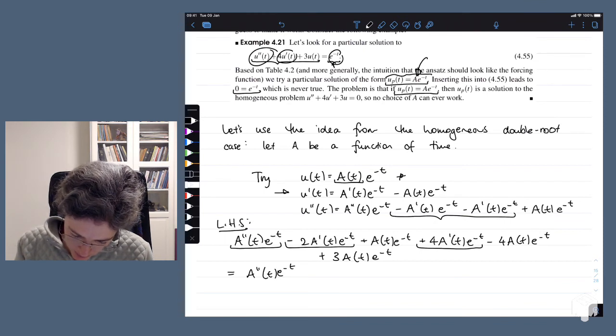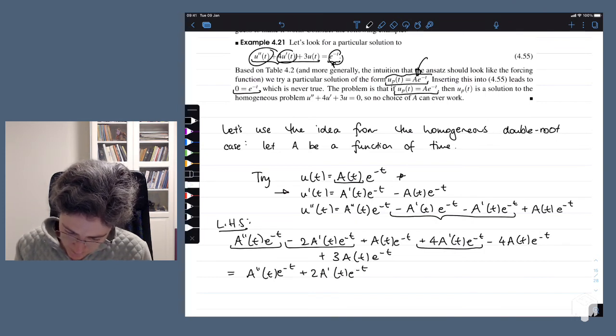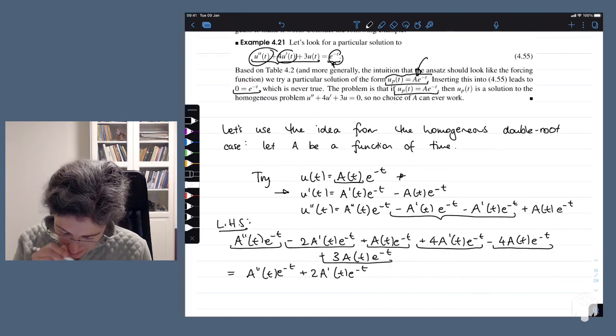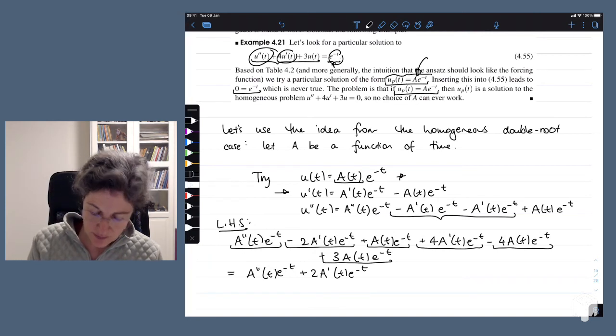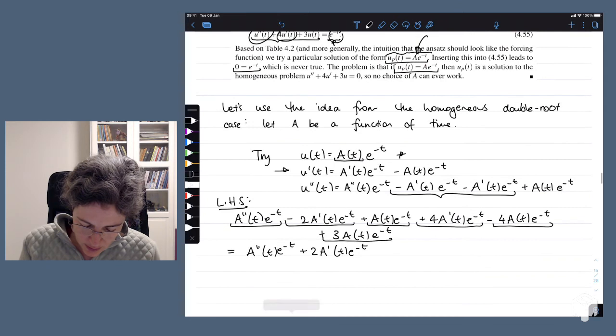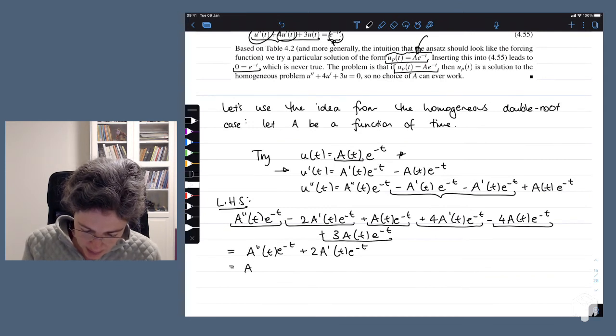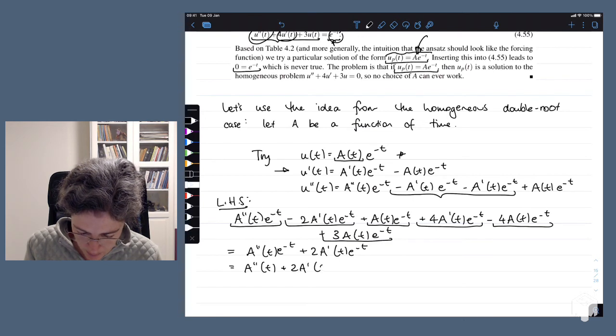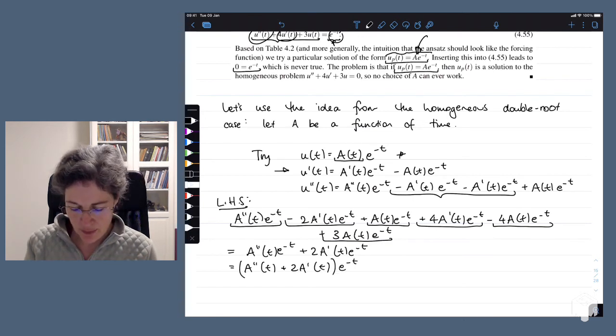So that's plus 2 a prime of t e to the minus t. And now we've got our terms that just have a's in them, and we see that they actually cancel. So that's pretty nice. So we're left with a double prime of t plus 2 a prime of t, times e to the minus t on our left hand side.